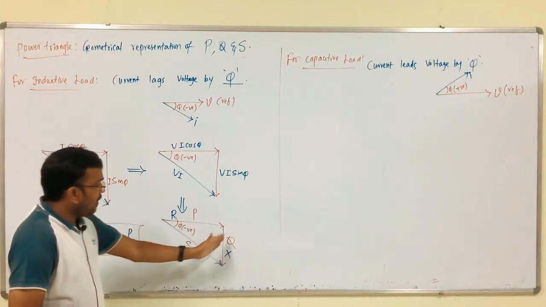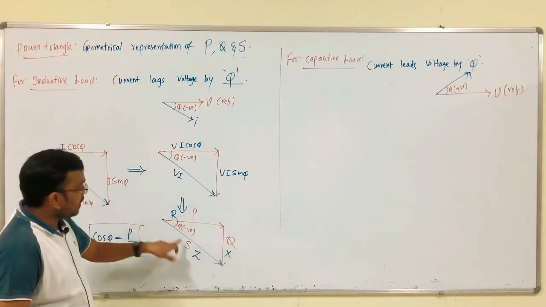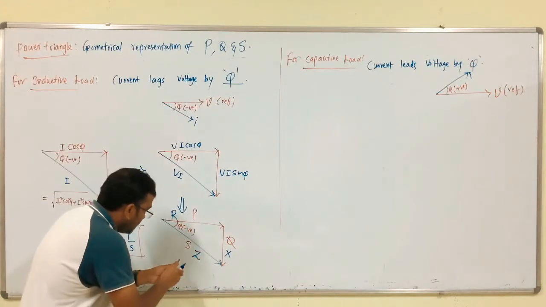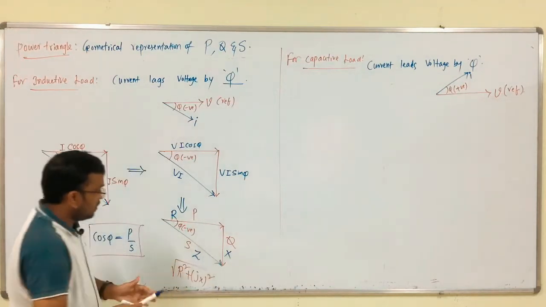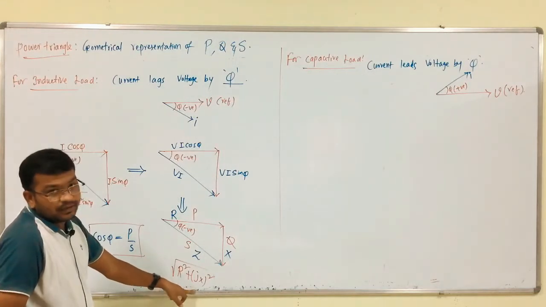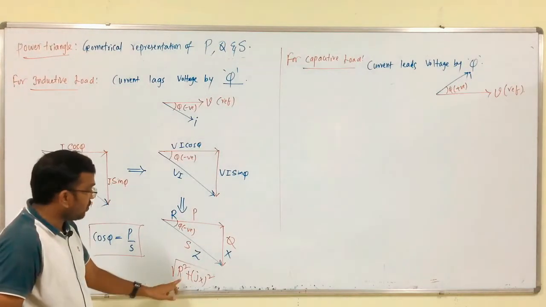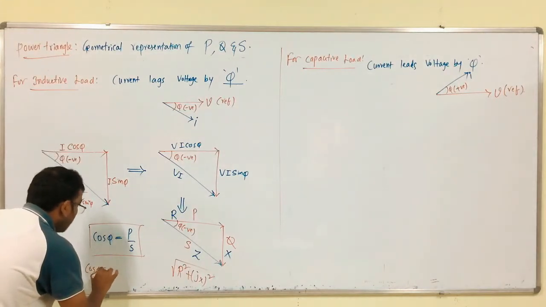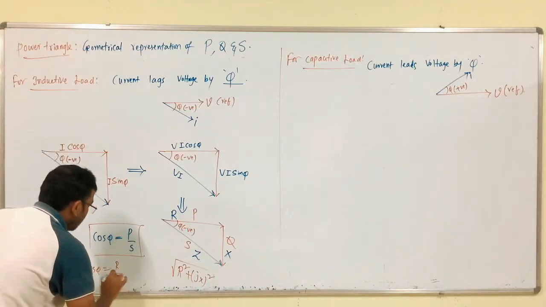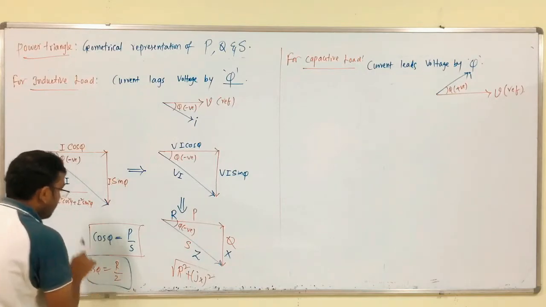Resistive component, reactive component, and the resultant of these two, z, is the square root of r square plus j x whole square. J x, we will discuss what this j is in detail later. From this, cos phi is R by z.